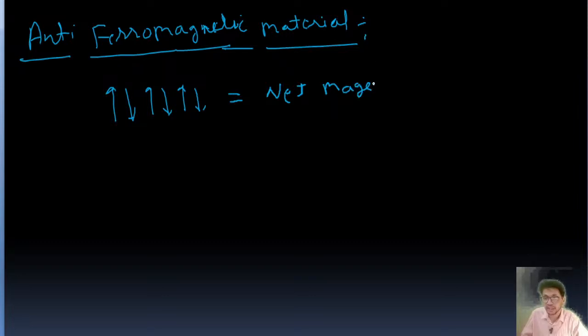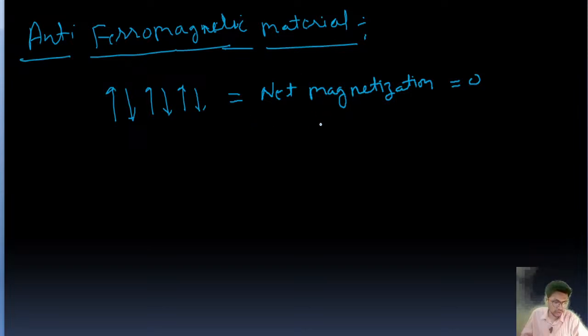The dipoles in antiferromagnetism are arranged in this way, and so here net magnetization is 0, because they will cancel each other. Net magnetization is 0.